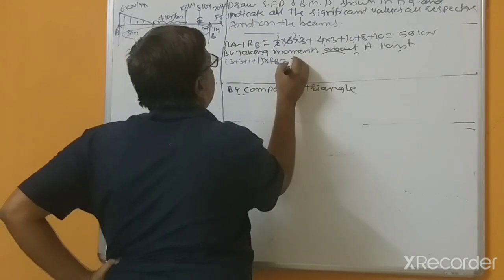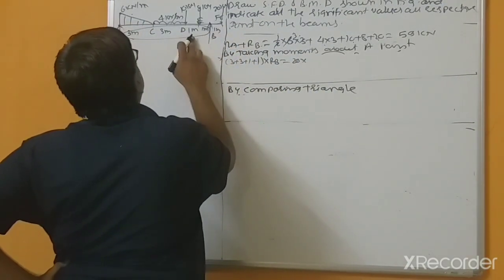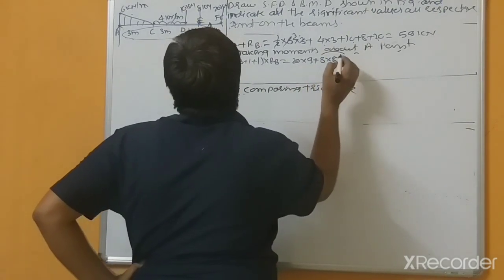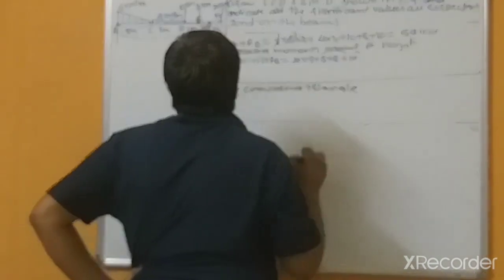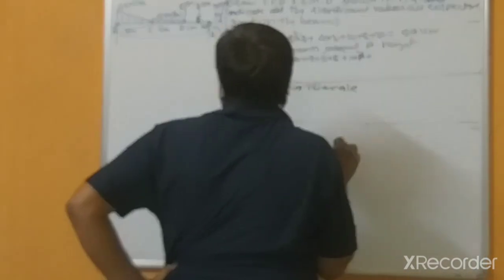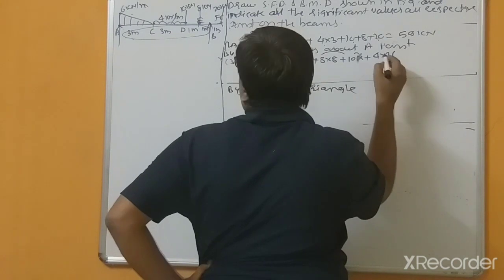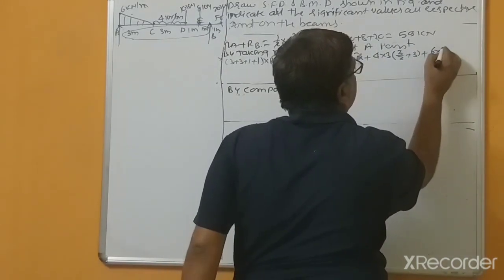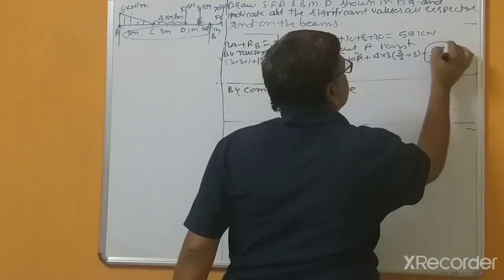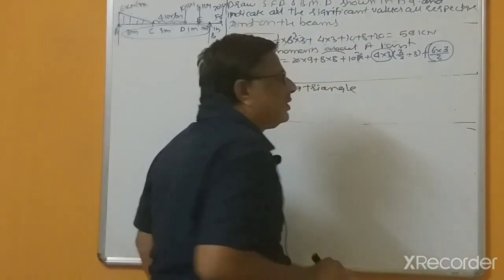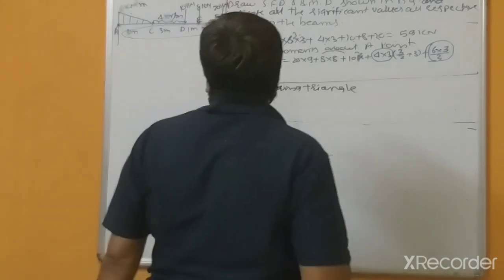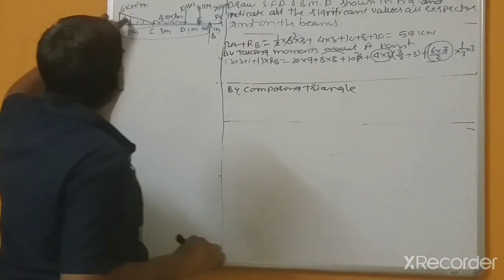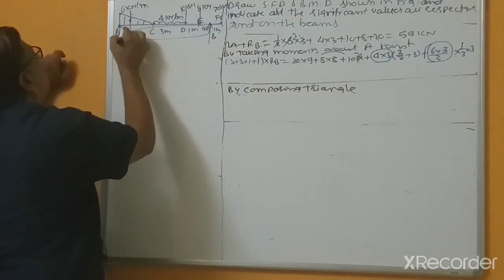So we'll start from 20 into 1 plus 1 plus 1, 9, 8 multiplied by 8 plus 10 multiplied by 6 plus 4 multiplied by 3, half of its distance 3 divided by 2 plus 3, plus now this is 6 kilonewton multiplied by distance, and this is a triangular type of load, so this is shear force multiplied by distance, 1/3 of distance, because here the center of gravity is at 1/3, that's why 1 meter.